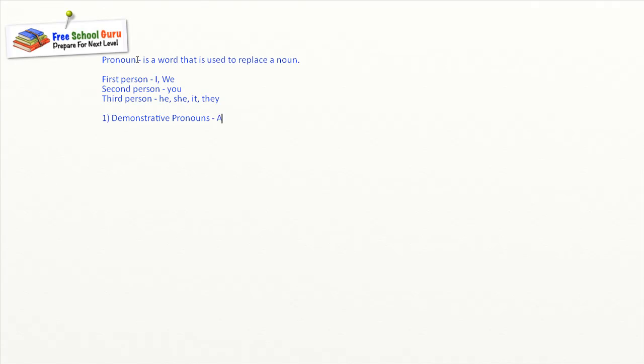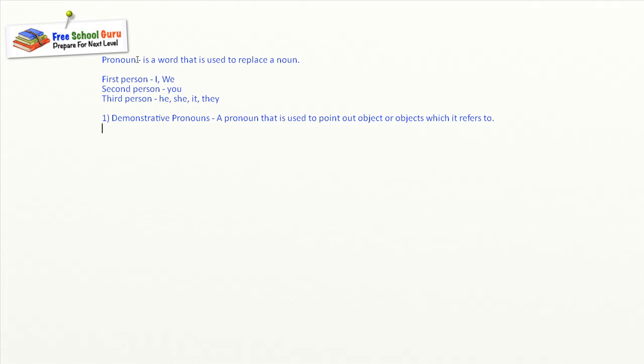A pronoun that is used to point out object or objects which it refers to is called a demonstrative pronoun.